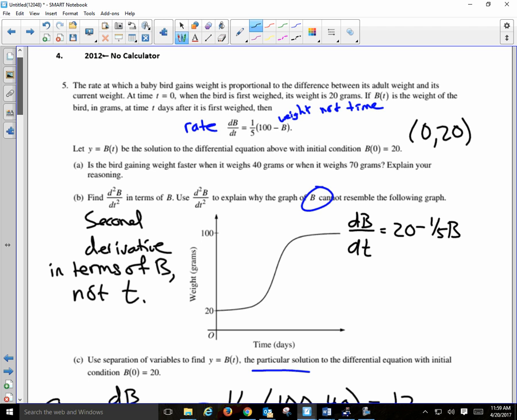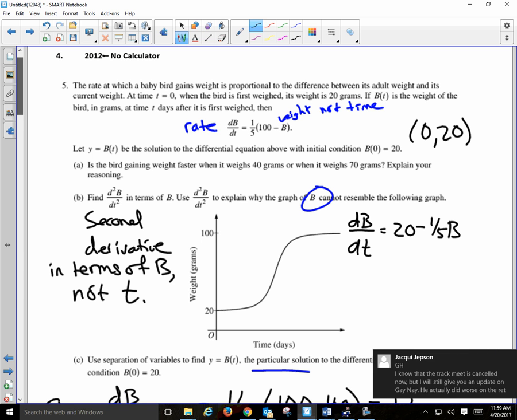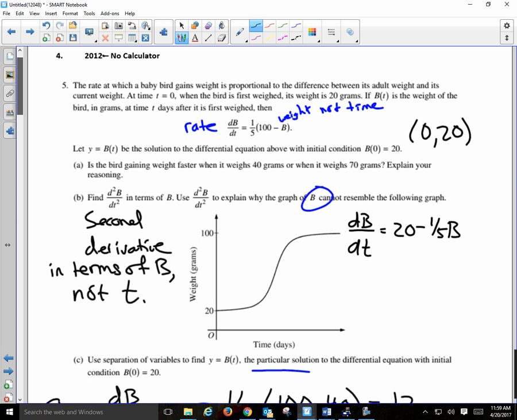And in my head, I was saying, well, it's with respect to time, but yet I have a b variable there. So I was like, well, this should be negative 1/5 b prime. And then you would take this b prime, plug it back in. That was in my brain, but I was like, well, no, I'm sure I'm making it too confusing. And so I guess that the derivative is just negative 1 over 5.